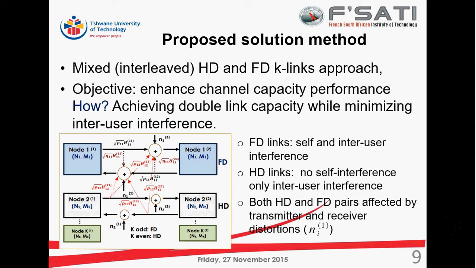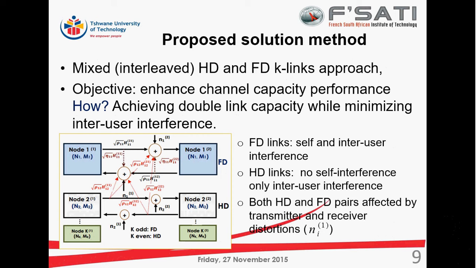Now, which solution do we propose to solve the problem? Myself and my two colleagues decided to propose a mixed interleaved half duplex and full duplex K-links approach with the objective to enhance channel capacity performance. But how?